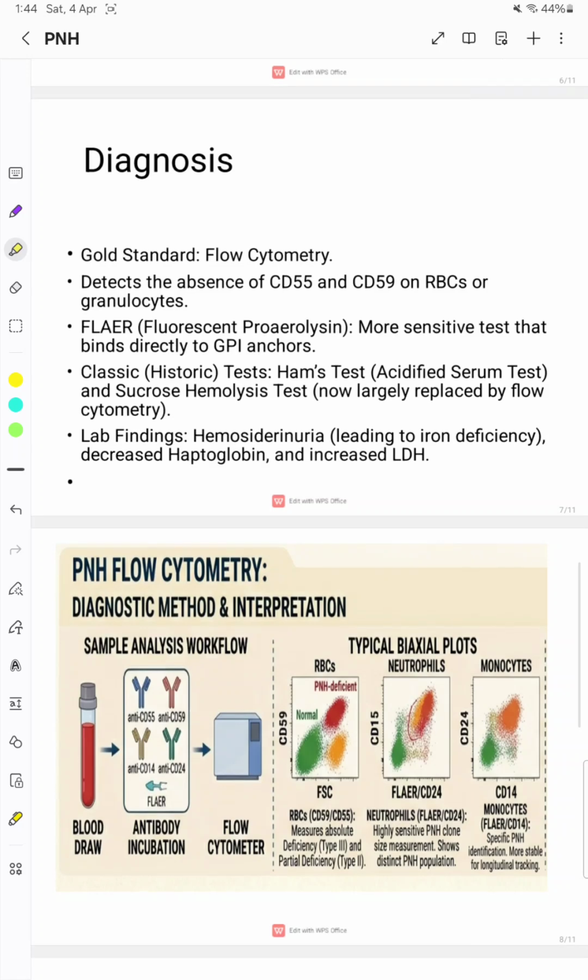How to diagnose PNH or paroxysmal nocturnal hemoglobinuria? The gold standard for diagnosis is flow cytometry. It detects the absence of CD55 and CD59 on the RBC or granulocyte.